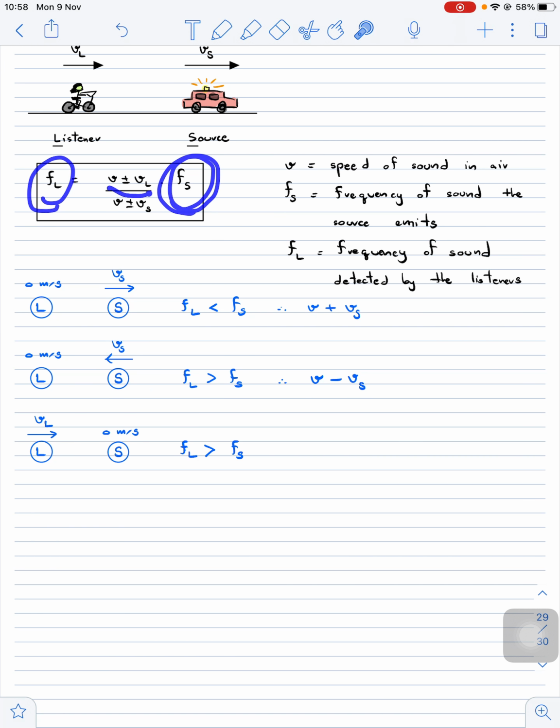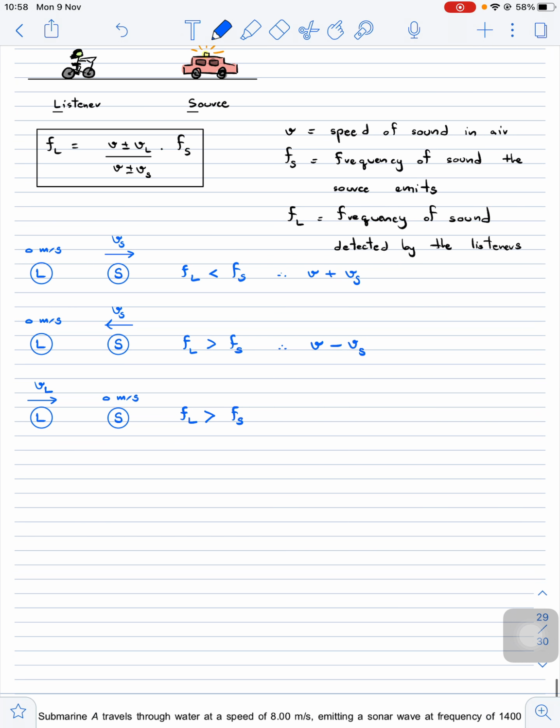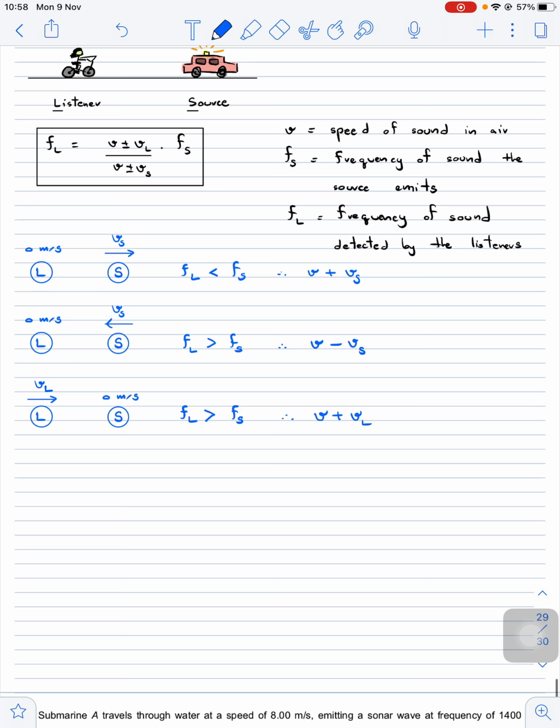It must be the positive sign, because if we pick the positive sign, this numerator should be larger. That's why the FL should be greater than the Fs. Then in this case, we're going to have the V plus the VL.